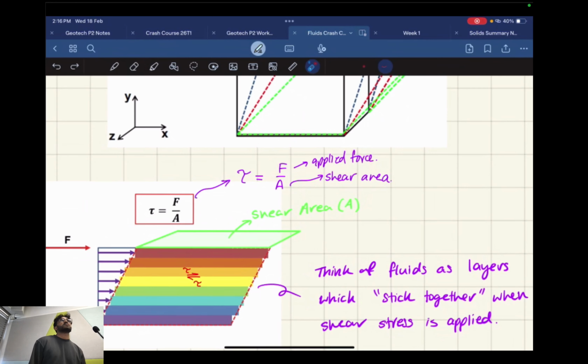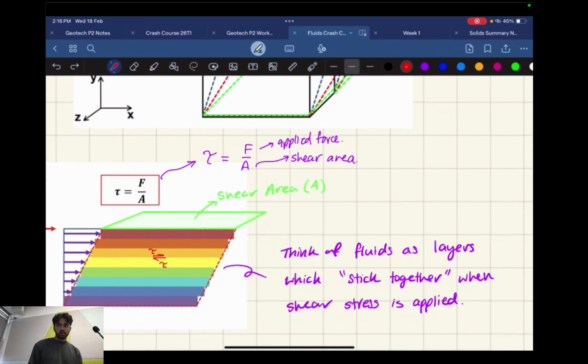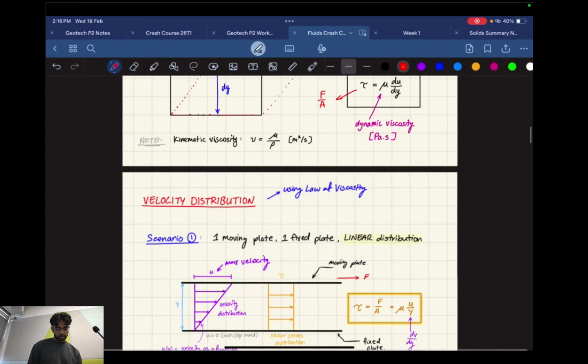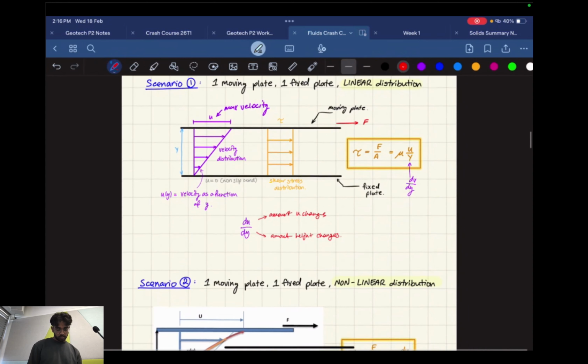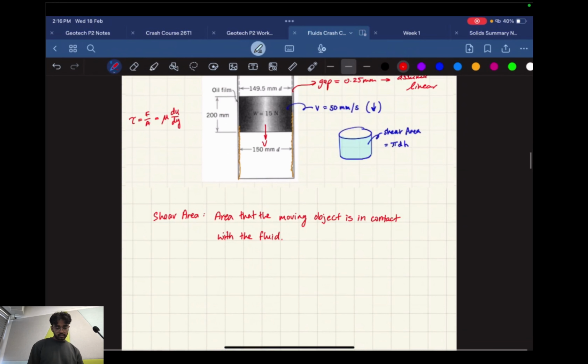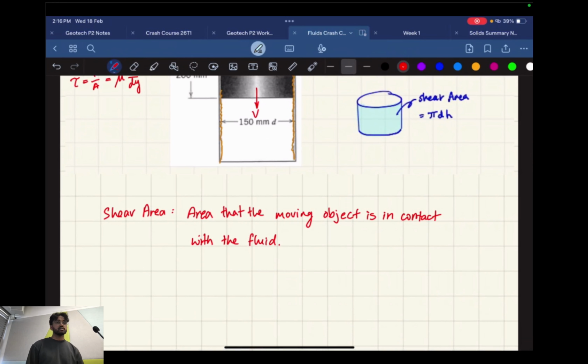The best way to explain shear area: it's the area that the moving object is in contact with the fluid. So you've got an object, let's say it's moving like this.